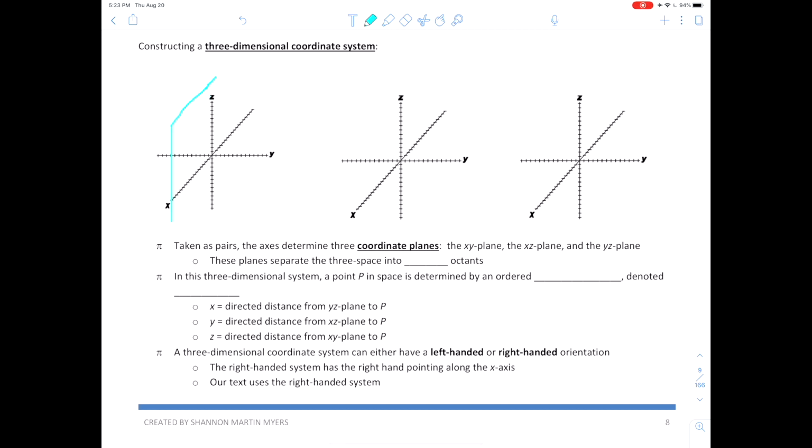Something along these lines. It's not perfect, but this here would be your XZ plane.